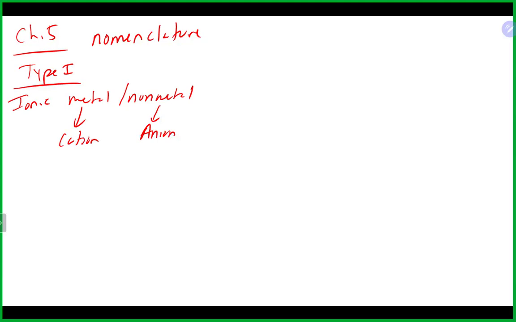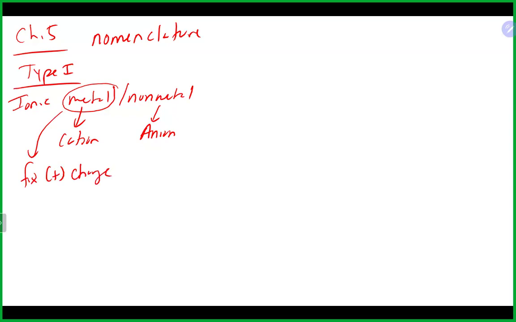And to name type 1, whenever you're naming, if there is a metal involved, that is the most important thing. And if the metal falls in group 1, 2, 3, or if it's zinc, cadmium, or silver, what they all have in common is a fixed positive charge.